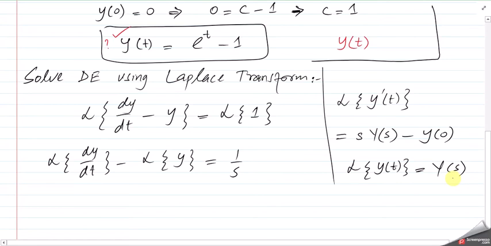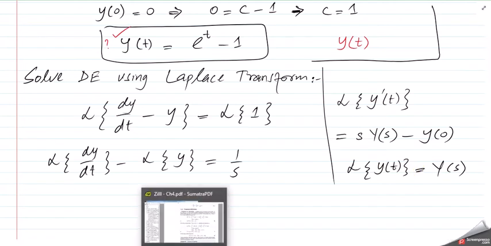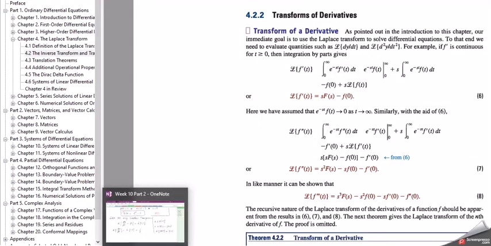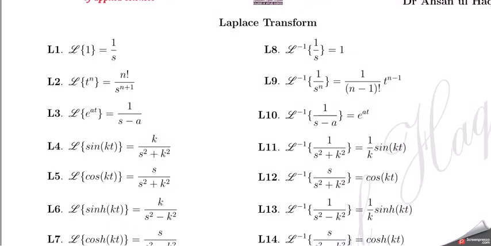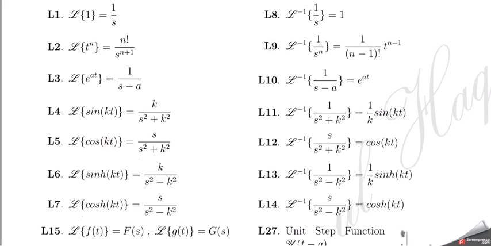So when we take Laplace transform of anything, it becomes function of s. We know that already from our formula sheet. When we take Laplace transform of a function of t, it becomes function of s.